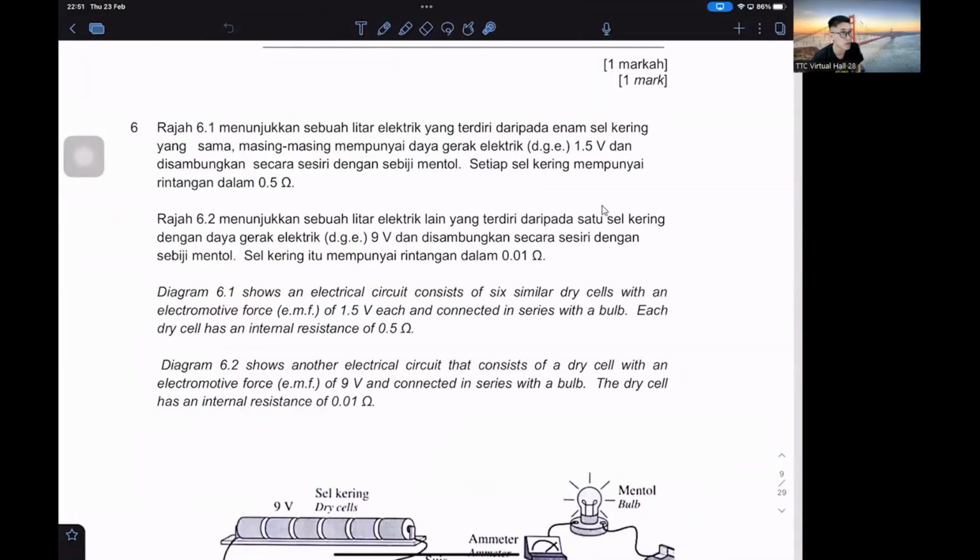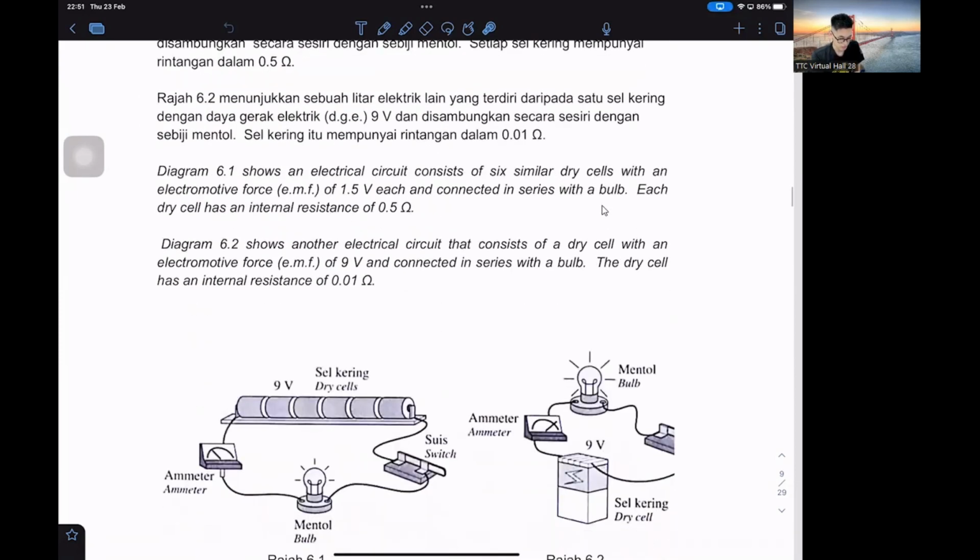Okay, so this is the Putrajaya paper 2, set 1, 2022, question number 6. We have a 6.1, we have an electrical circuit, consists of 6 similar dry cells, means 6 same battery, and each of them has an EMF of 1.5 volts.